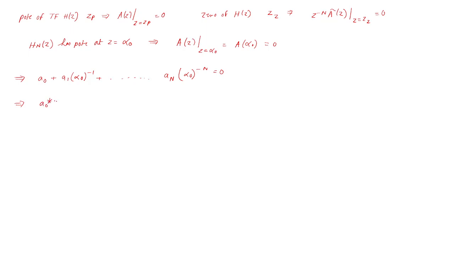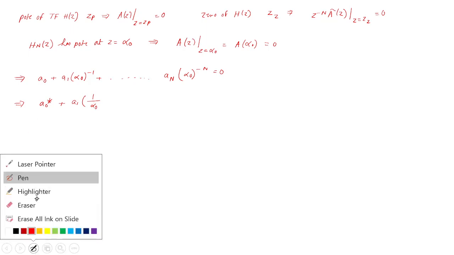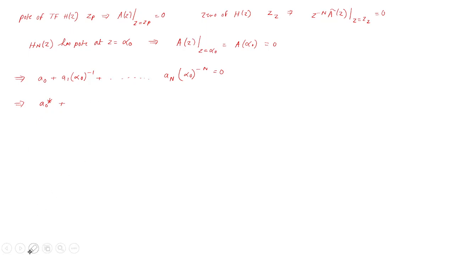That becomes a naught star plus a1 star alpha naught star to the power minus 1, up to an star alpha naught star to the power minus n, equal to 0.